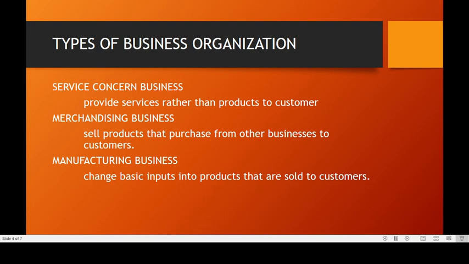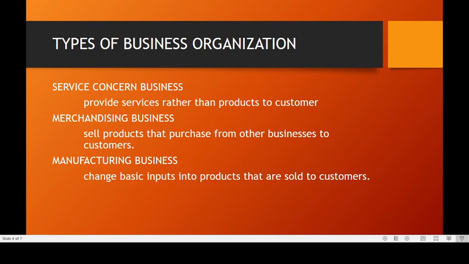Because what they acquire is a computer already manufactured by Lenovo company. EDS or Octagon acquire it at a cost, and then this EDS and Octagon, no, will sell that at a higher price. That's merchandising. Yun yung pagkakaiba ng manufacturing and merchandising.